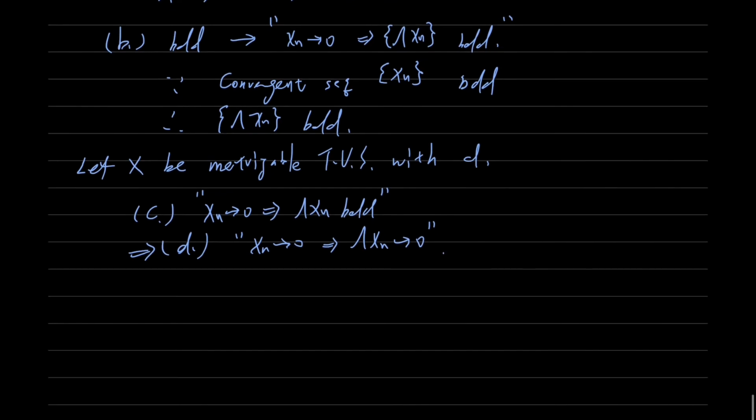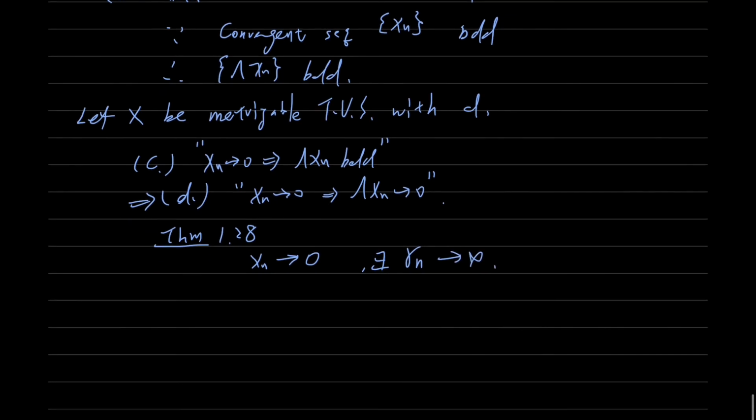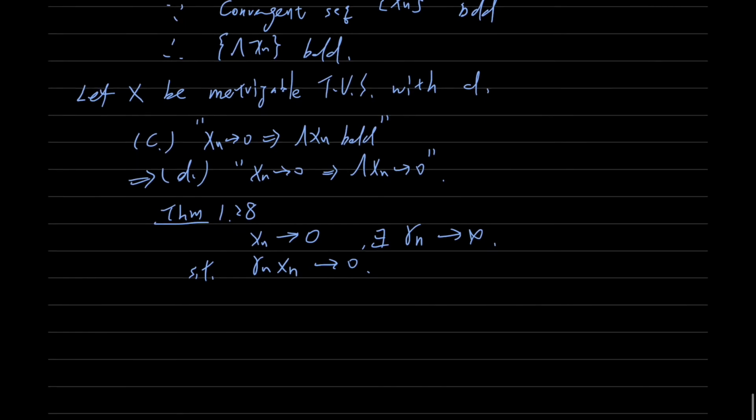So to prove this part, we recall the previous theorem we proved, theorem 1.28, which says that if we have a sequence that converges to 0, then there exists a sequence gamma n that goes to infinity such that multiplying these two together still converges to 0. Which also implies that the sequence is bounded.